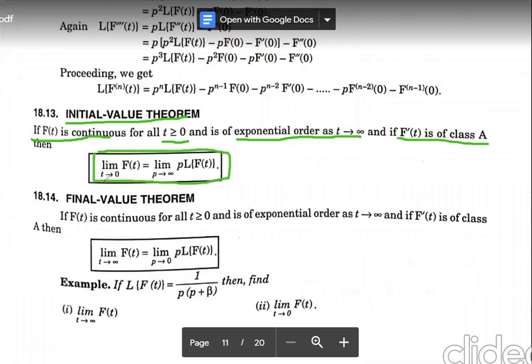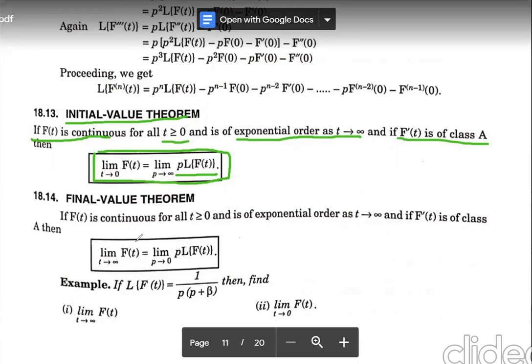This is the initial mean value theorem. Limit t tends to 0 f of t is nothing but limit p tends to infinity p into Laplace transform of f of t. Similarly, for the final mean value theorem, see here, in the initial mean value theorem, it will be t tends to 0 f of t and limit p tends to infinity p into Laplace transform of f of t.